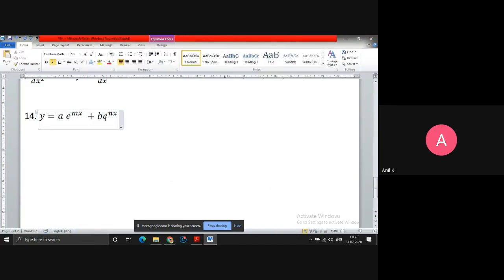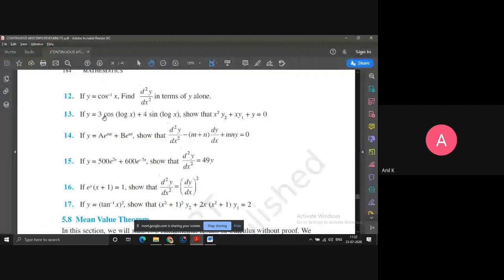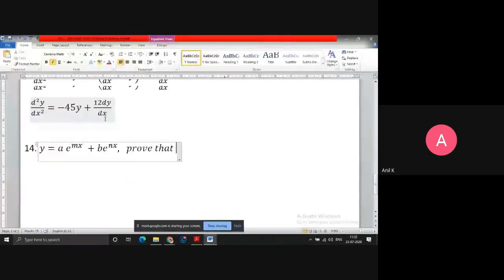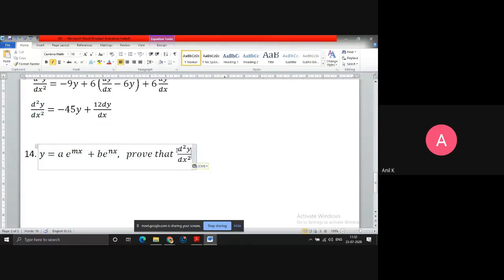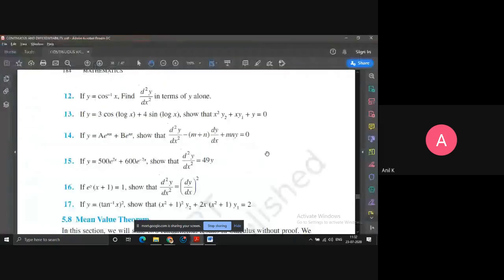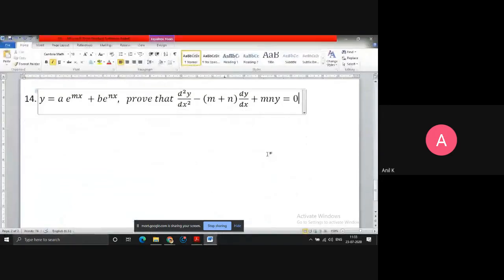Then what you have to prove is, prove that d square y by dx square minus m plus n into dy by dx plus mn into y equals to 0. Yeah, this is what I have to prove.